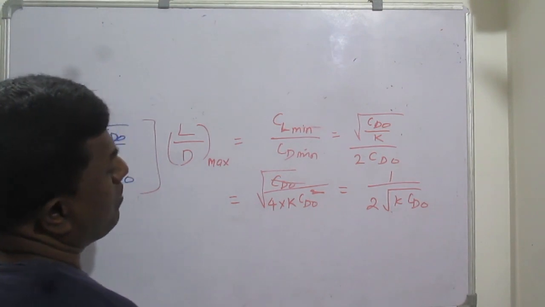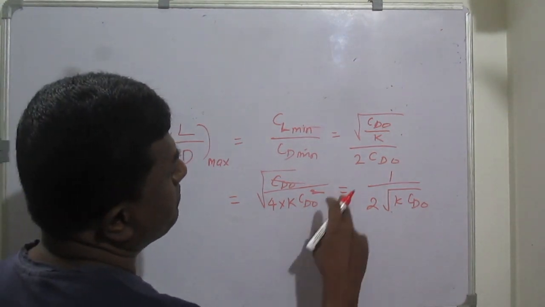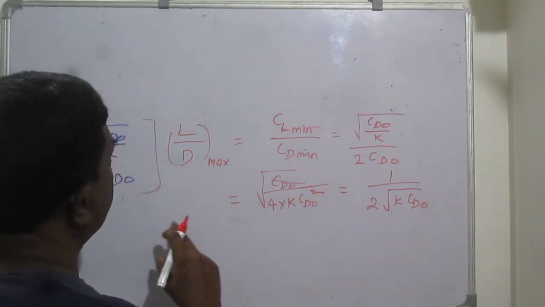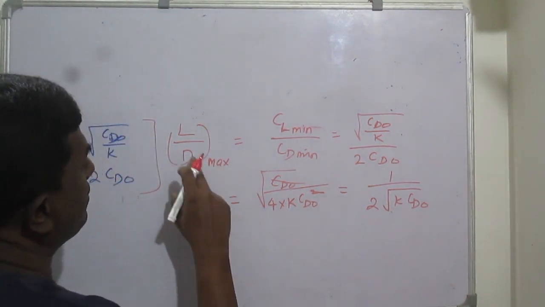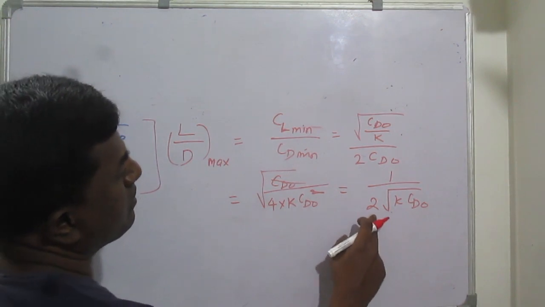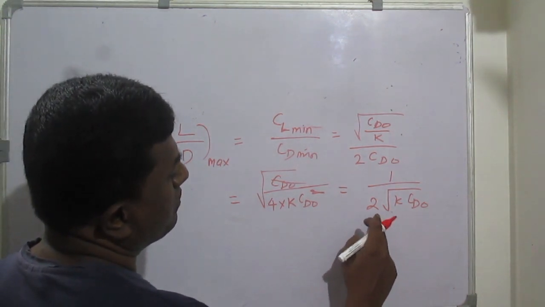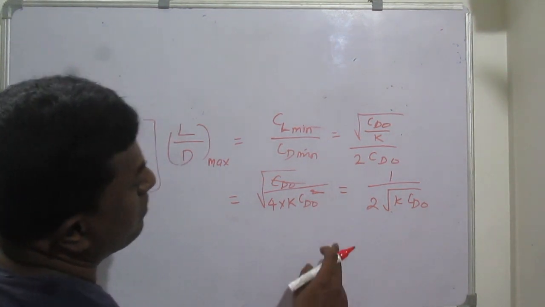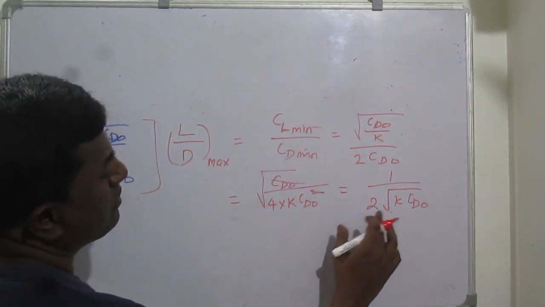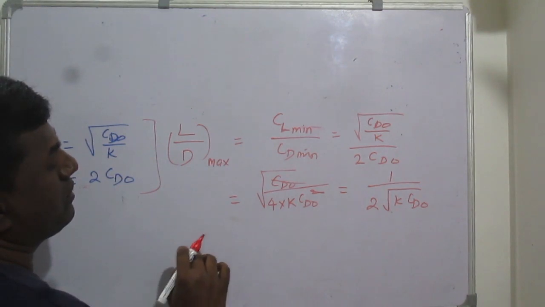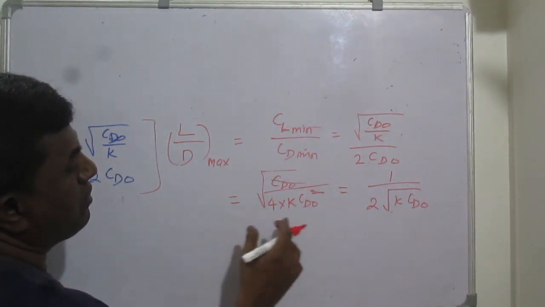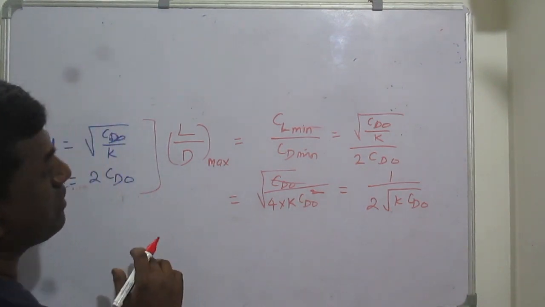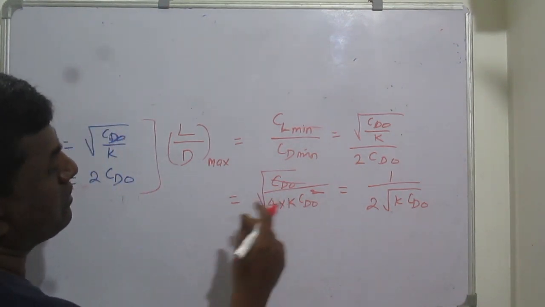So after simplifying these terms, L by D maximum is nothing but 1 by twice into the square root of 2 K CD naught. This is from the analytical derivation.